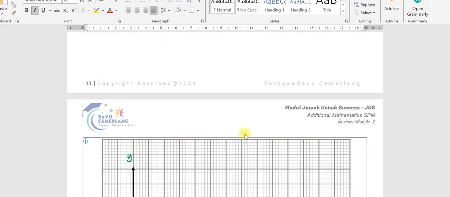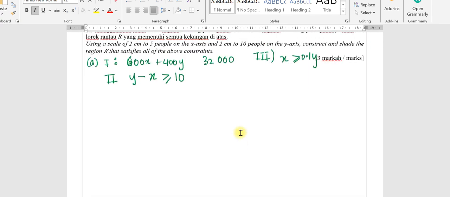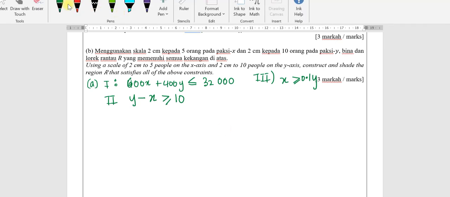Let's do the table to draw the graph. Question B: 600x, 400y.